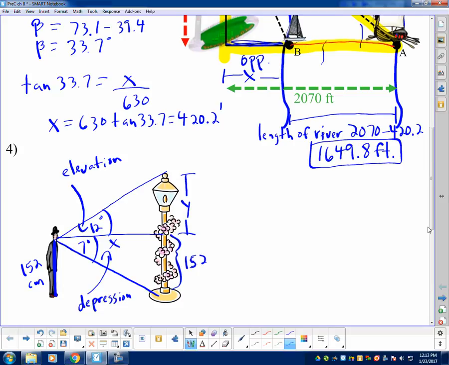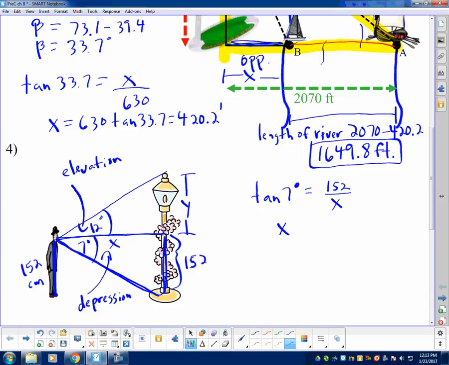Alright. So any ideas on how we could find x using that bottom right triangle right here? What setup would help me to find x? Tangent again, yep. X is the adjacent, 152 is the opposite. 7 degrees is my angle, so tangent 7 degrees equals 152 over x, opposite over adjacent. And this is the one we get to use our swapping here again, right?